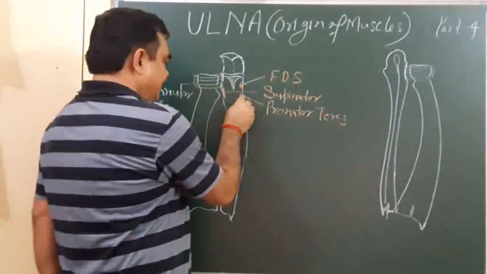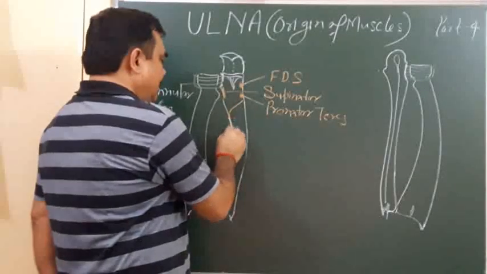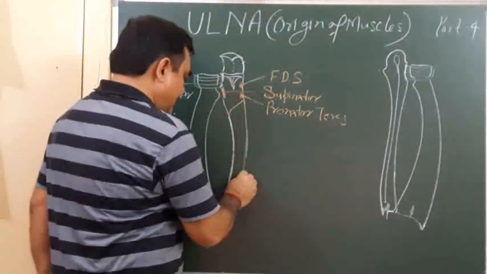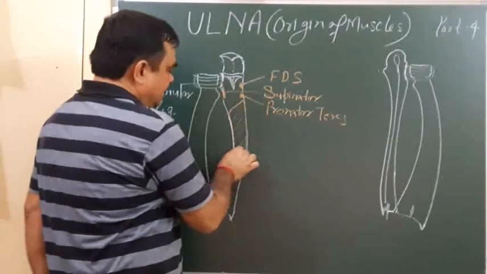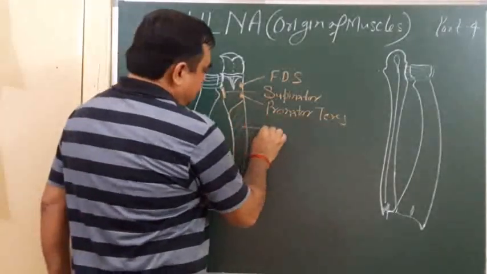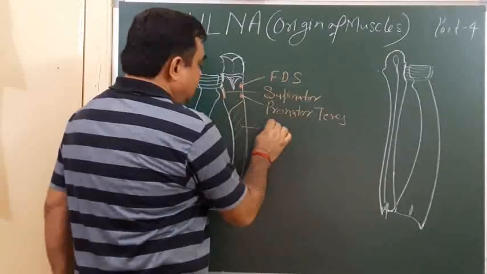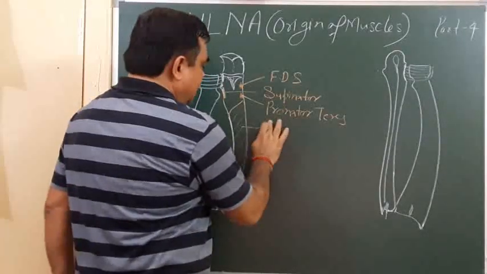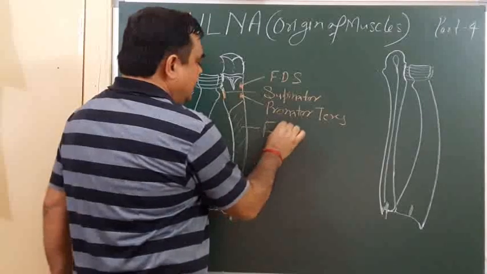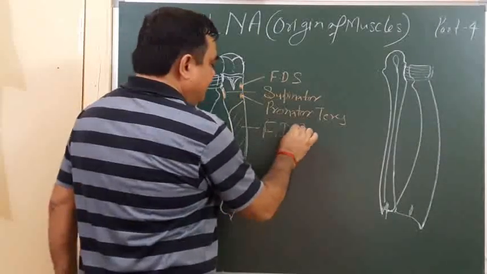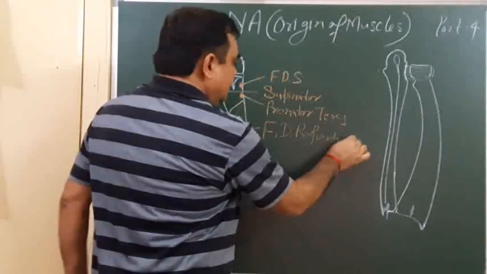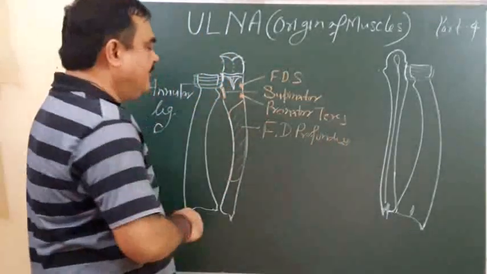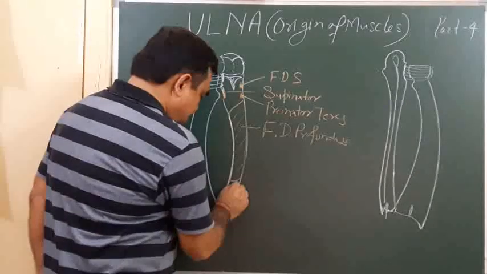Another muscle, this is pronator quadratus. Sorry, this is flexor digitorum profundus.